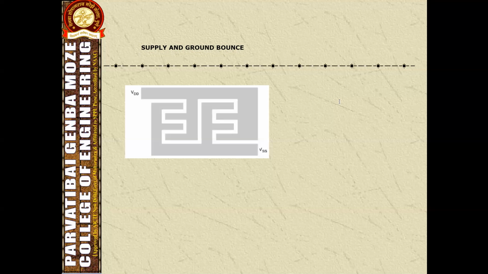Then the VDD and the ground pins of the package are not at VDD and ground. VDD and ground are established and regulated at the power supply. Therefore, both a resistive component and an inductive component exist between the package pin and the power supply ground.